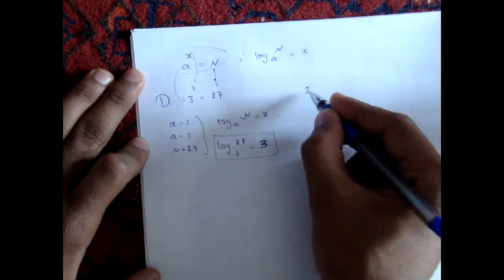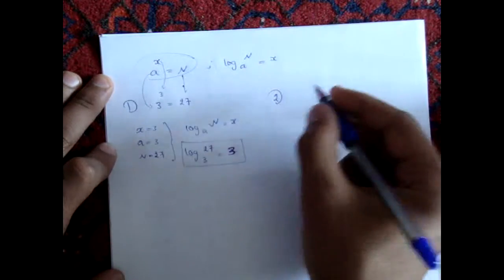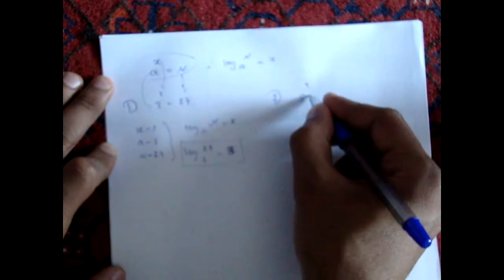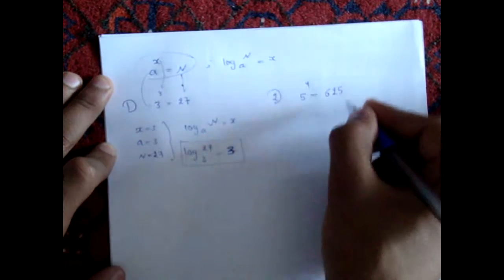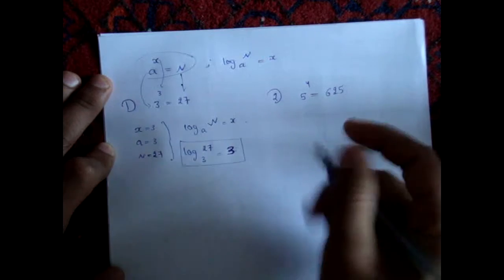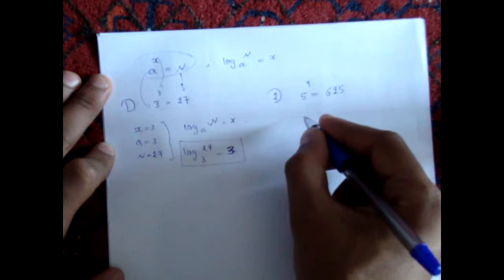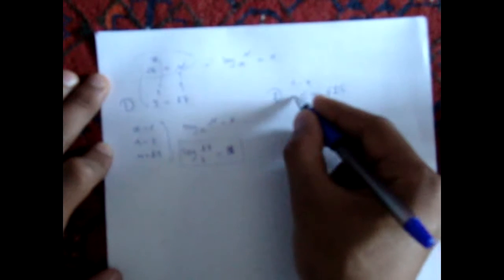I'm gonna do another example. If we have 5 to the power of 4, it's actually equal to 625. And if I want to change this to a logarithmic form, I will break it into the parts. Here is the x, here is the a, and here is the n.